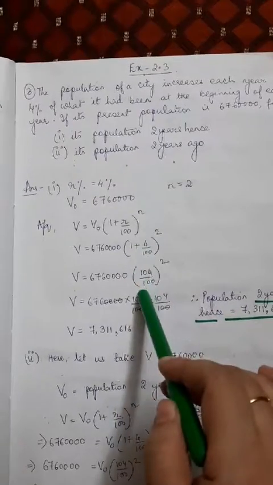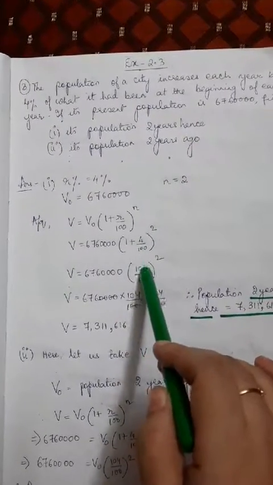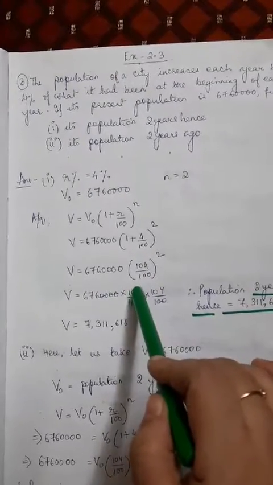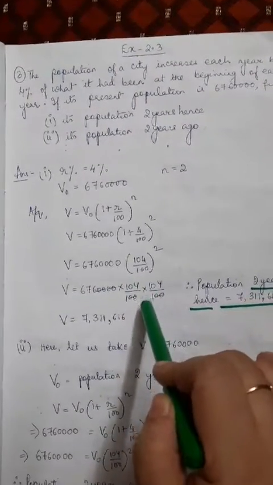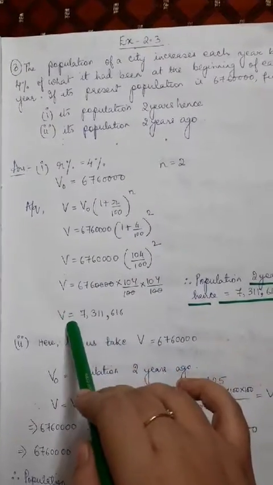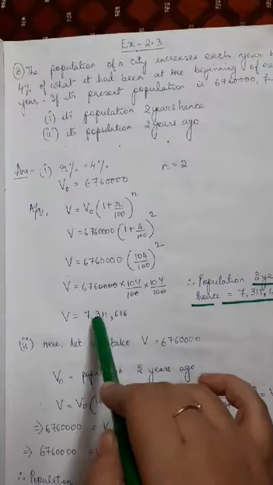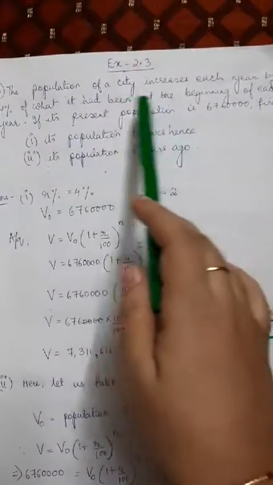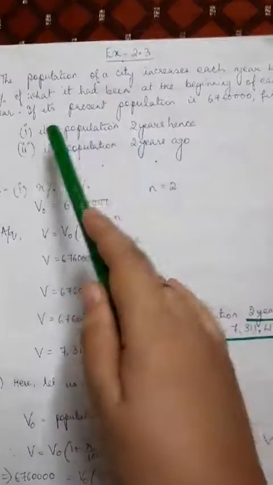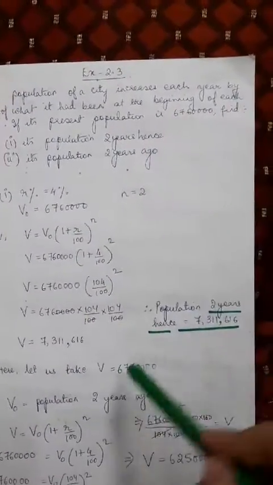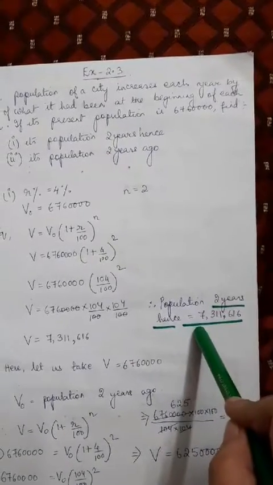After finding out the LCM, it turns out as 104 by 100 whole square. So that means 104 by 100 into 104 by 100. So after cancellation, I get the value of V as 73,11,616.